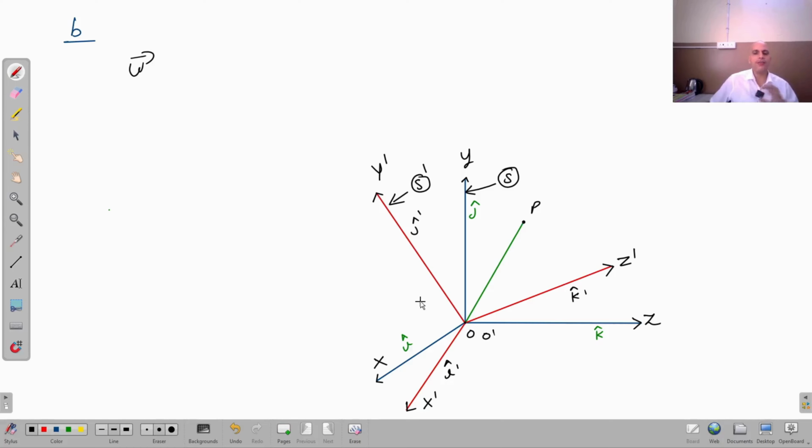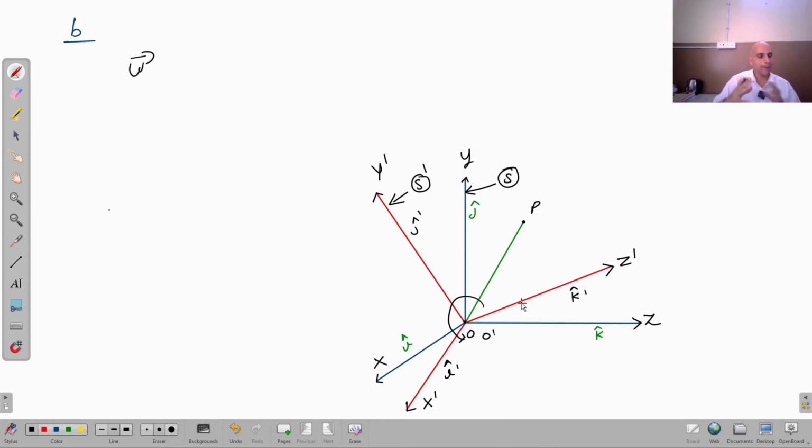But for convenience, we consider that the origins of these two frames coincide, so O dash is equal to O. The origins of both frames coincide, but the only difference is that the second frame S dash is rotating about the Z axis in this way with angular velocity omega. But the first frame, X, Y, Z, represented in blue color, is fixed.